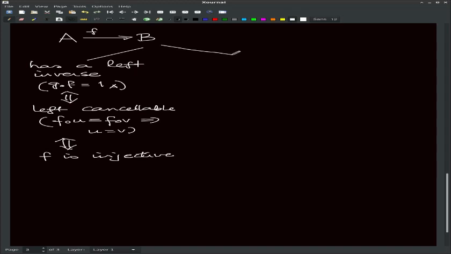Now the other one: you have g again from B to A, but this is the right inverse. This is the same thing as saying it is right cancelable.